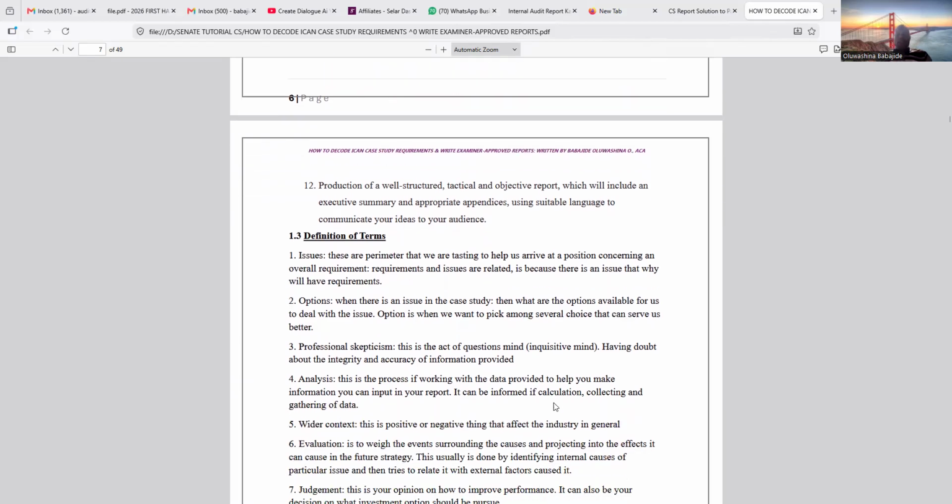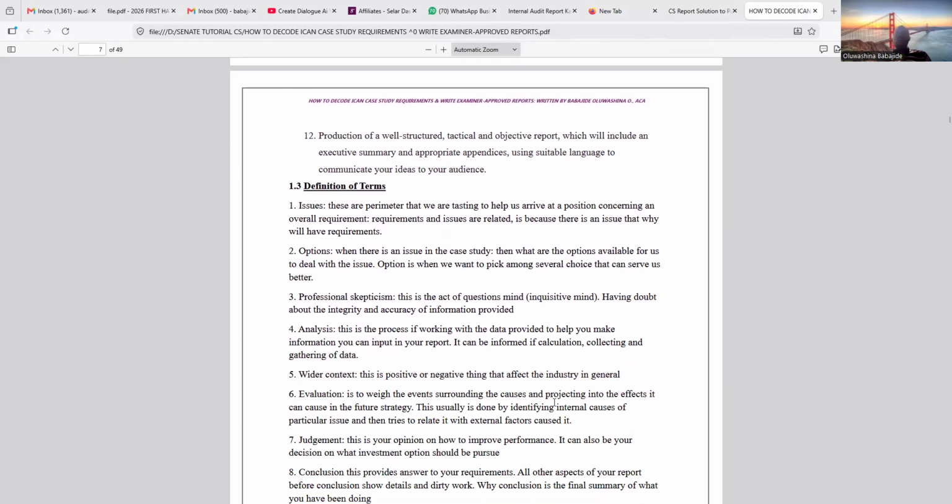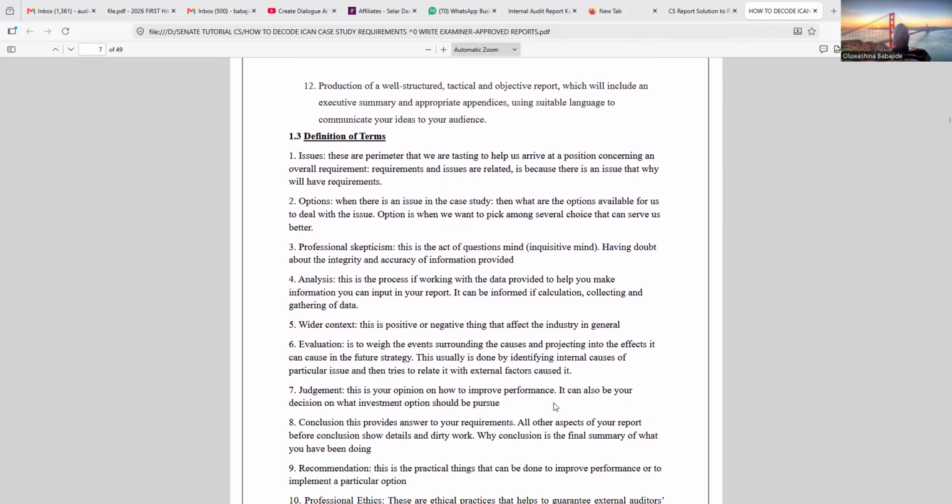Now, quickly, let's move to the definition of terms. In this definition of terms, I will explain some things for you that you need to understand. One of them is issues. What are issues? These are parameters that are tested to help us arrive at a position concerning the overall requirement.